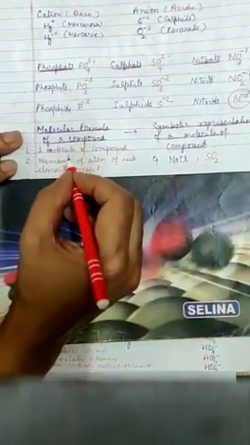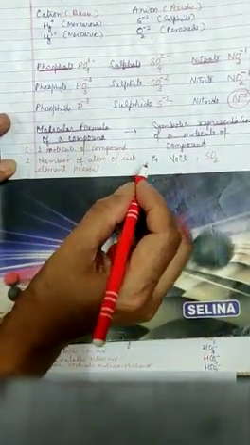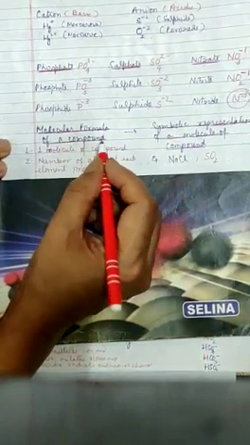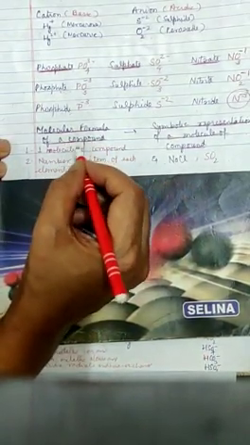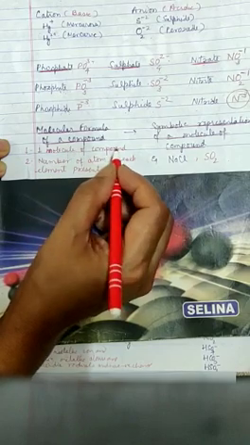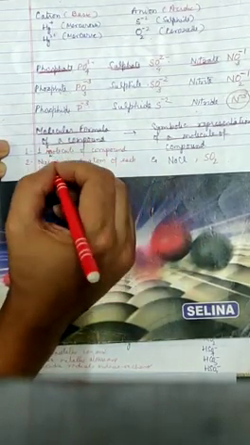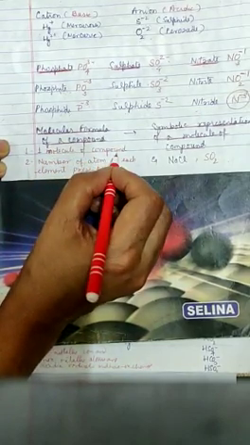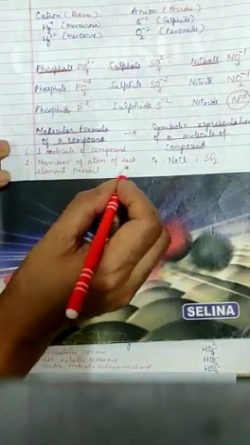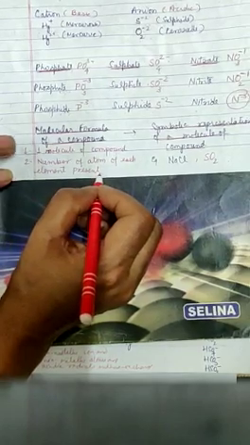And what does the molecular formula of a compound represent? Just like the symbol of an element represents that element as well as one atom of that element, here the molecular formula represents that compound as well as one molecule of the compound. It also shows the number of atoms of each element present in one molecule.